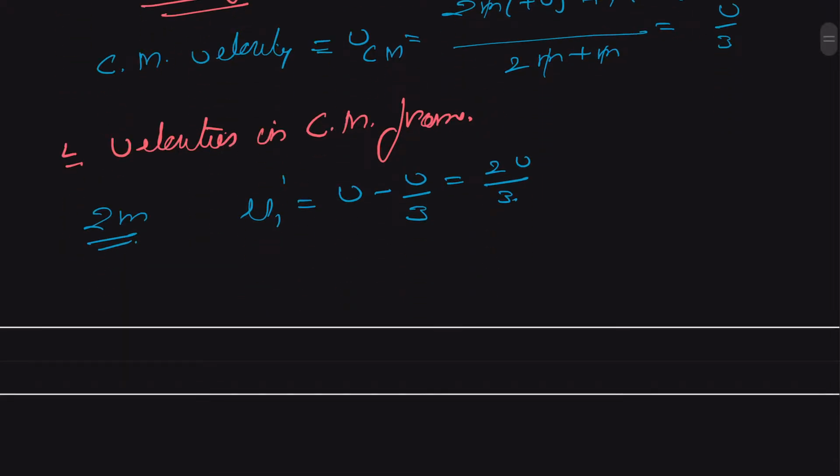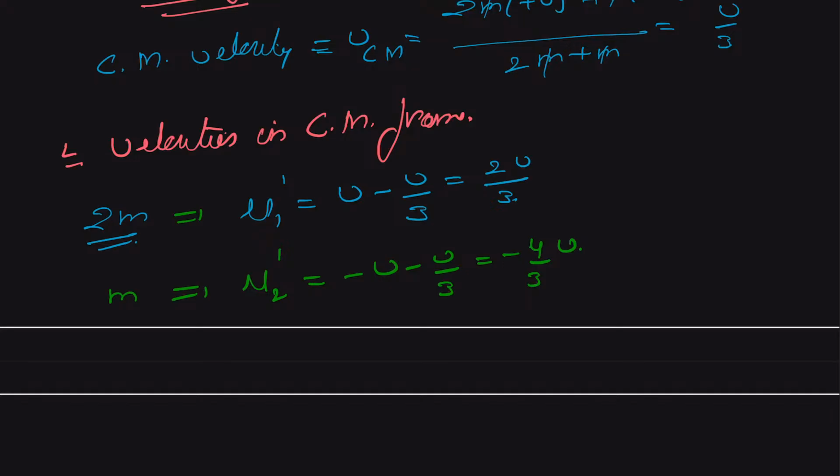And other mass is our m. So for this m, let us suppose we call this velocity as u2 prime, and that will be equal to minus v minus the velocity of the center of mass, which gives us minus 4 by 3 times v.